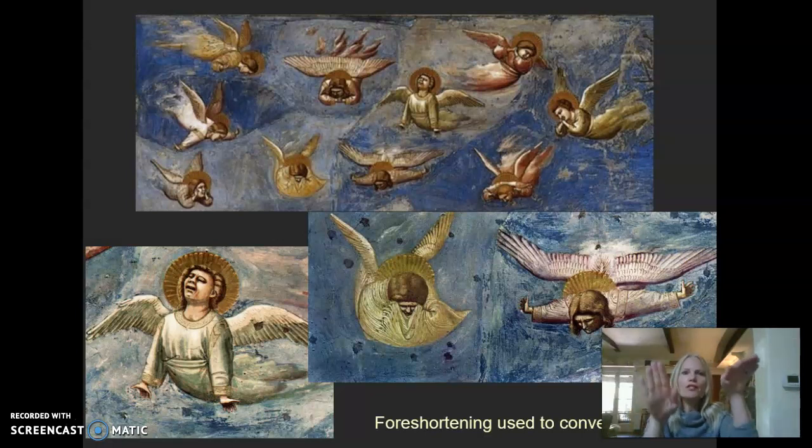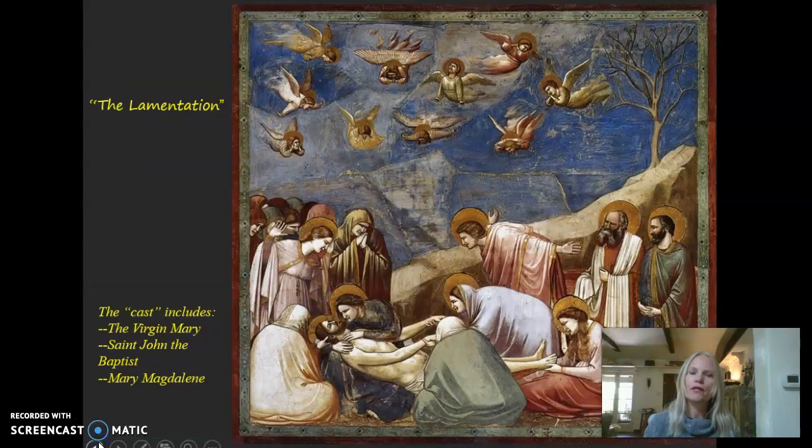And again, they're all in different poses and expressions of grief, so that not only are they heartbreaking in their expression of grief over the loss of Jesus, but also you believe that they're flitting and flying around that sky, that the painting has a sense of dimensionality and depth that was not a priority with earlier artists, particularly in the medieval period here.